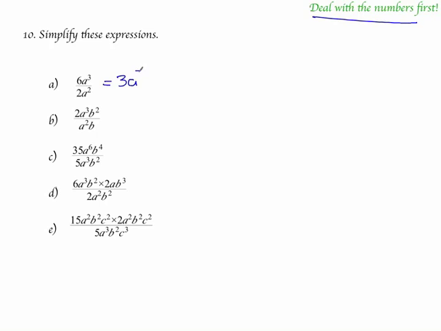Then I've got a cubed divided by a squared. I know that division means that I subtract the powers, so I've got a cubed minus the 2, so that's just going to give me 3a to the power of 1, and we leave that as 3a. Okay, so try these next questions for yourself, and then I'll go through the answers.